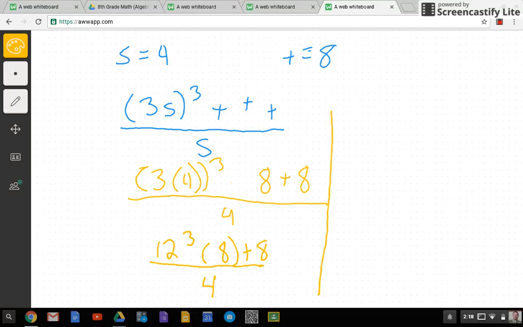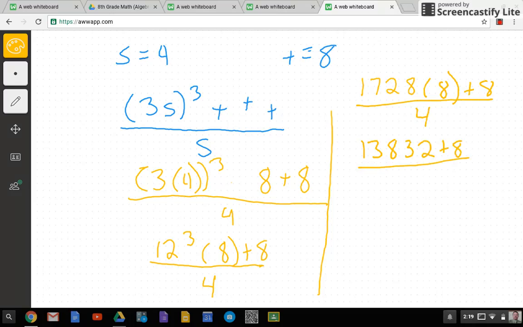So if I do 12 cubed, I get 1,728, times 8, plus 8 over 4. 1,728 times 8 is 13,832, plus 8 over 4.